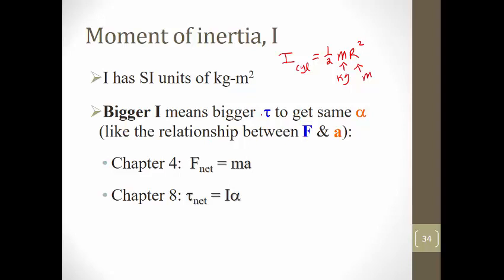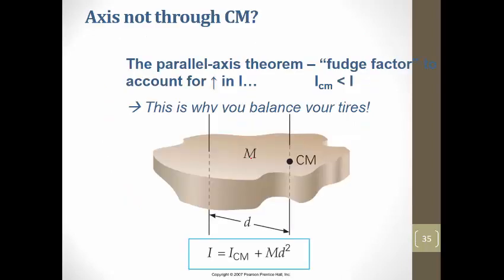So it's that same kind of relationship where I and alpha are inversely proportional, just like M and A. We can find the net torque just like we did in the first part of chapter 8. It's just that now it won't be equal to 0. It'll be equal to I times alpha, just like way back in chapter 4, when sometimes we had F net equal to 0 and sometimes F net equaled MA.